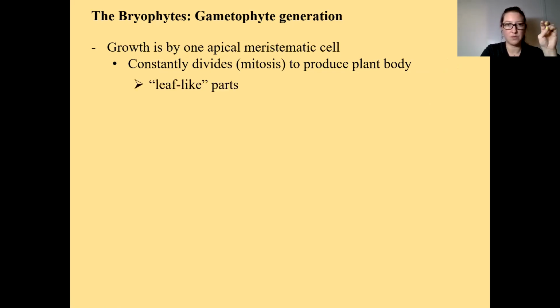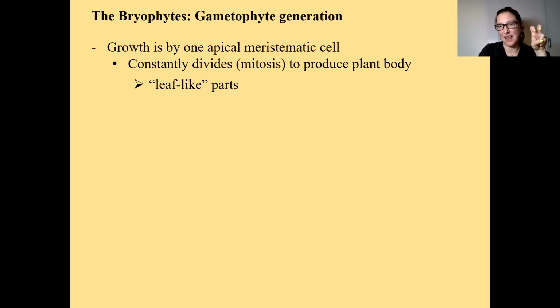Just know that because the bryophytes are non-vascular plants, they don't have true leaves, and they don't have true stems, because botanically speaking, if you don't have vasculature, if you don't have xylem and phloem, you don't technically have a leaf or a stem.